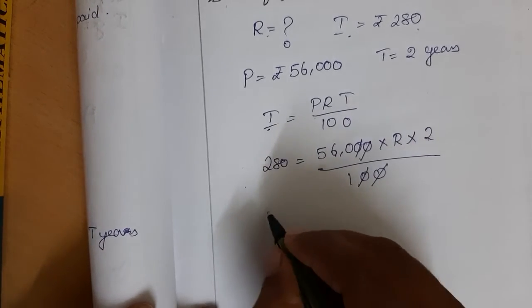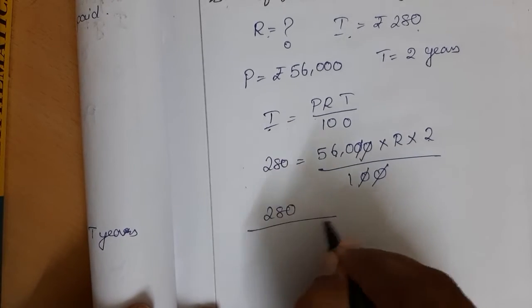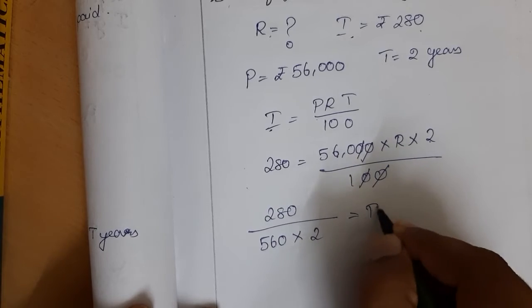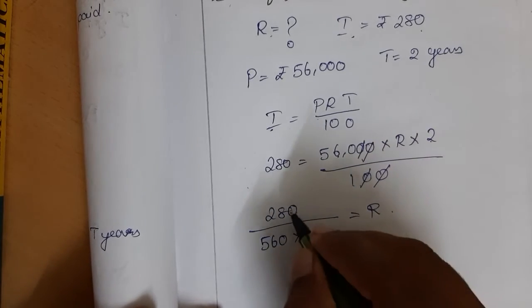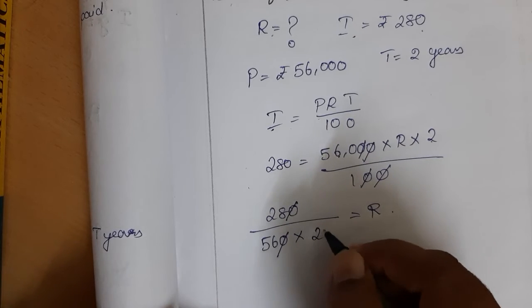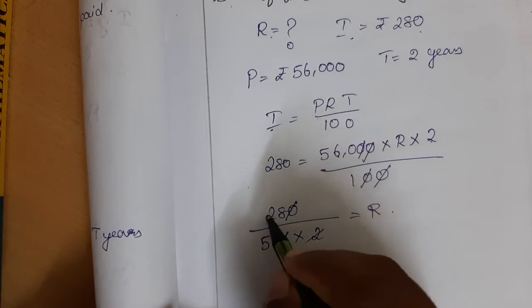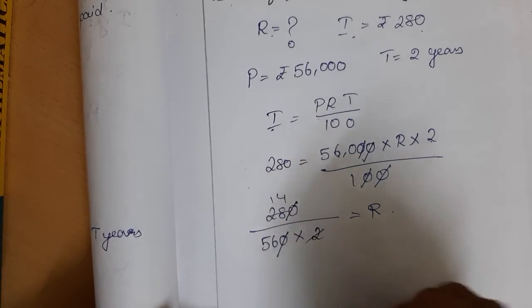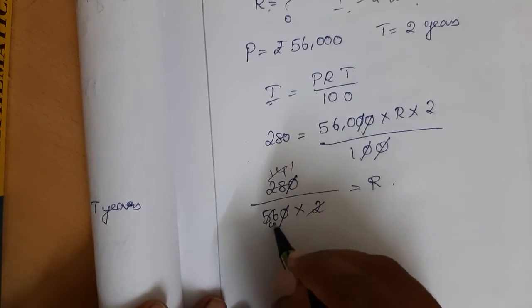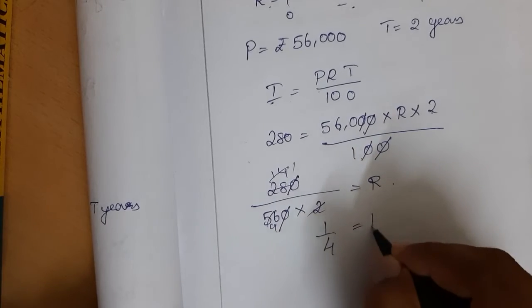This 2 will become division. So 280 divided by 560 into 2 is equal to R. Clear? And this is cancelled, 1 times 14, and 14 and 56 is 4 times.